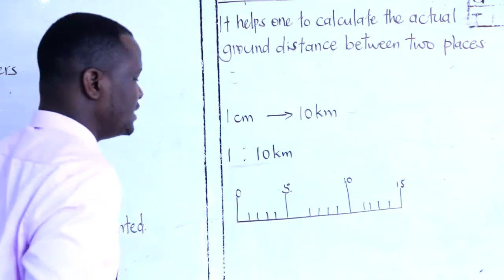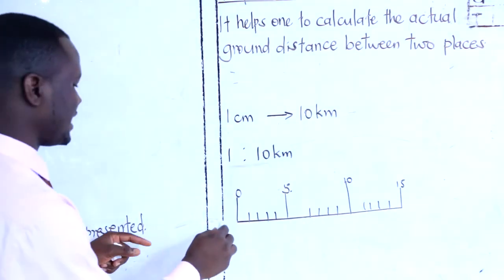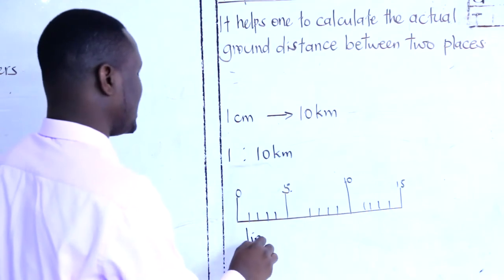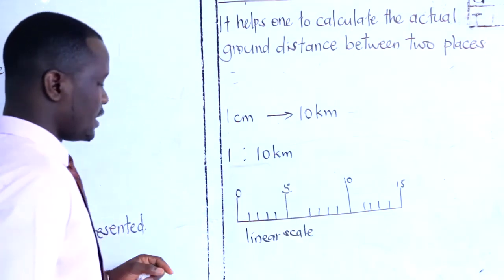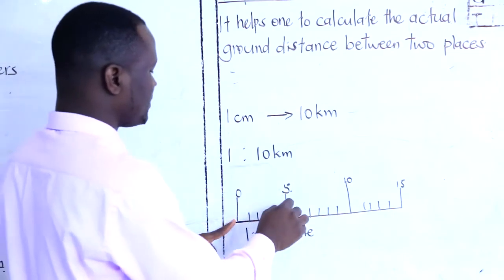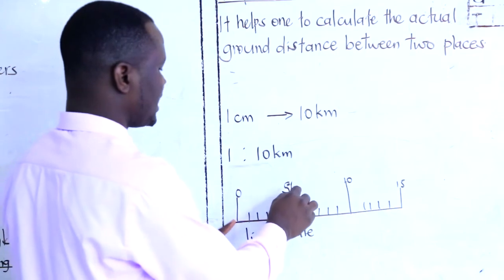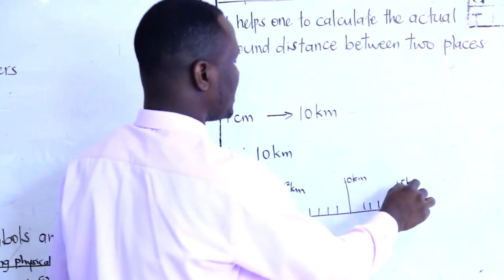Of course, this is a scale. Now this is what we call the linear scale. This scale means that 1 centimeter represents 5 kilometers. Here to here is 5 kilometers.